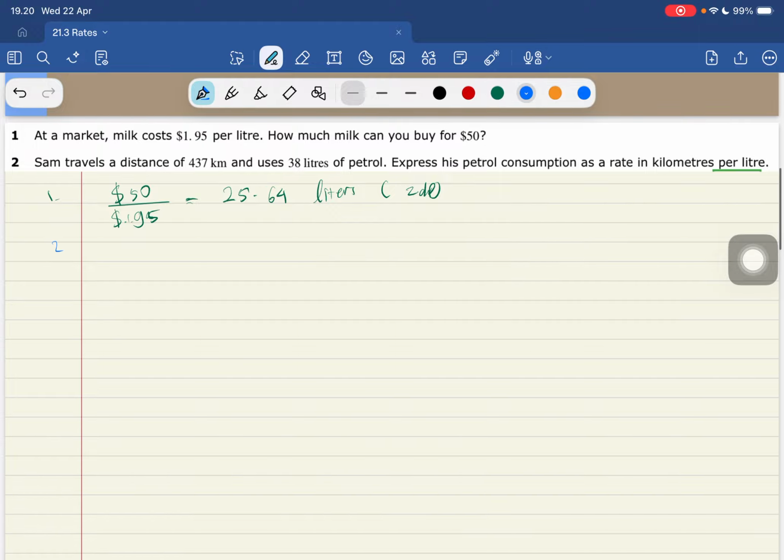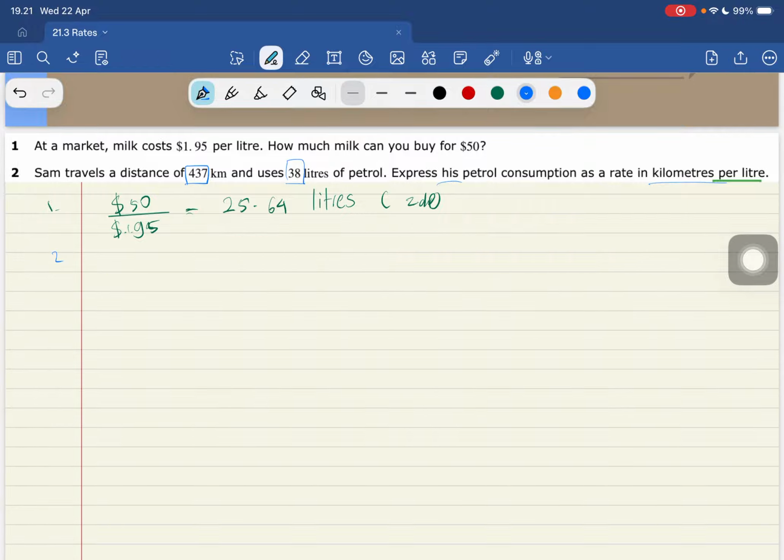Next, number 2. Sam travels a distance of 437 kilometers and uses 38 liters of petrol. Express his petrol consumption as a rate in kilometers per liter.